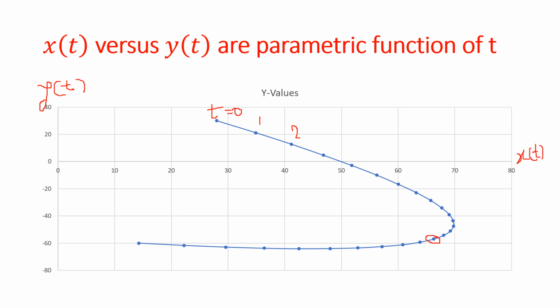This is the point of interest we have. Then we have to draw a vector starting from the origin to this point. The magnitude of the vector is r that we have calculated, and the angle subtended with the x-axis is theta. This is to be understood.